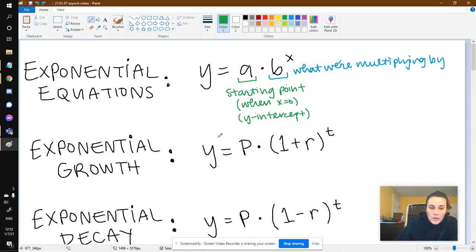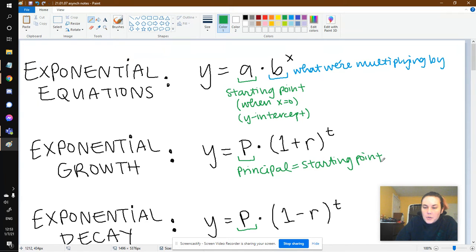All right. For exponential growth, this is called the principal, and this is also the principal, right? And it is, again, our starting point, what value we start at. This R and this R is the rate of change.